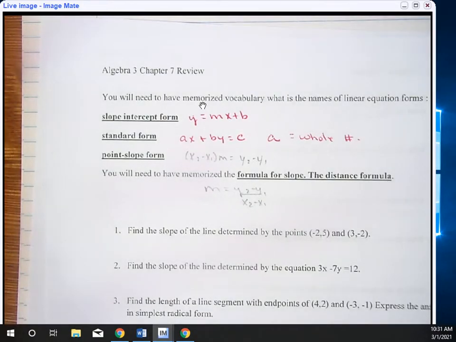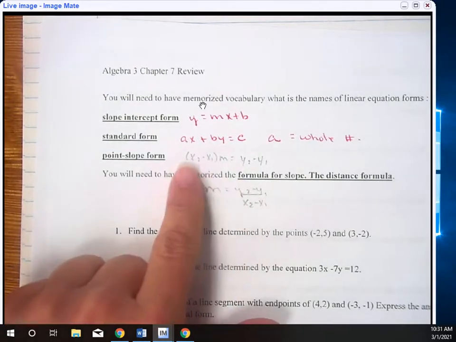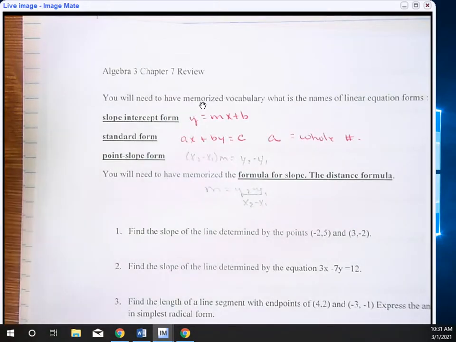And most of your answers on your assignment have to be in standard form. So if you start with your slope and your point, then it's pretty easy to put the x and the y on the same side, move all of your constants to the other side. And so you don't have to worry about solving for b and putting it in y equals mx plus b form and then moving it to standard form. So it's actually faster, okay?